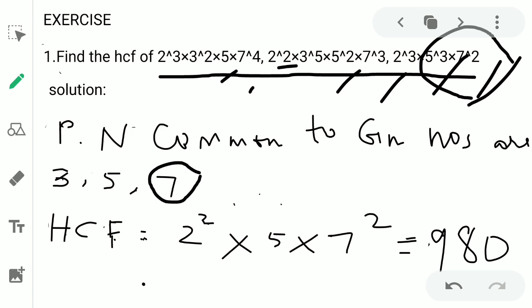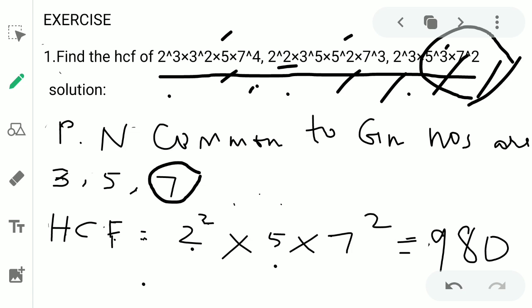So I take the least power. Here I have 2 cube, 2 square and 2 cube. Which is the least of these three? 2 square. So I have written 2 square here. Then I have 5 here, 5 square here and 5 cube here. So 5 is the least, and I have written 5.